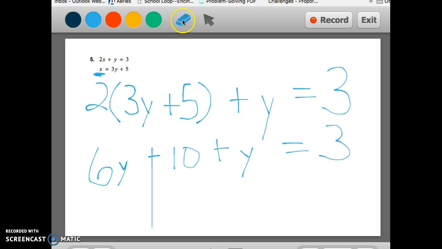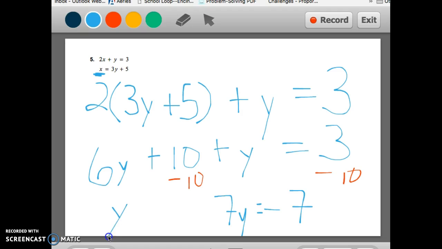So this is going to be 7y, and the 10 gets subtracted from both sides, right? Minus 10, minus 10, and that leaves negative 7 on the right, and positive 7y on the left. 7y equals negative 7. Divide both sides by 7. Y equals negative 1.